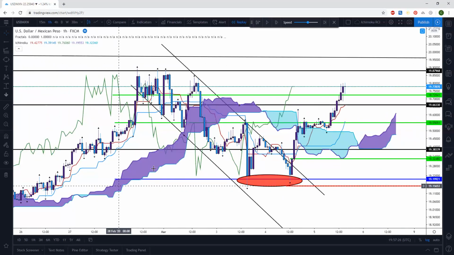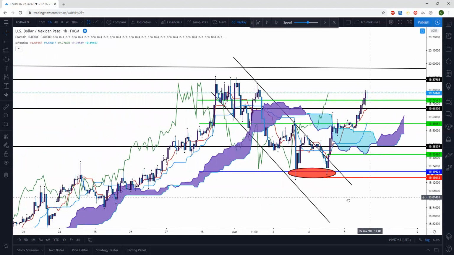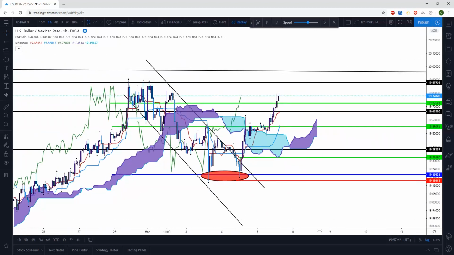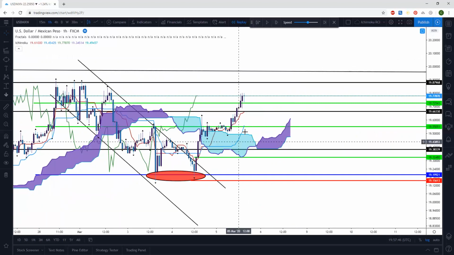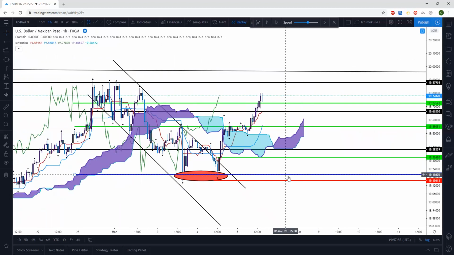Whenever you see angles like this, that means the market trend is strong. When it's flat, it's not really a strong move. But when you see it start angling like that, best believe that move is gonna be strong. Always pay attention to the angles of the cloud, Kijun, and Chikou span.